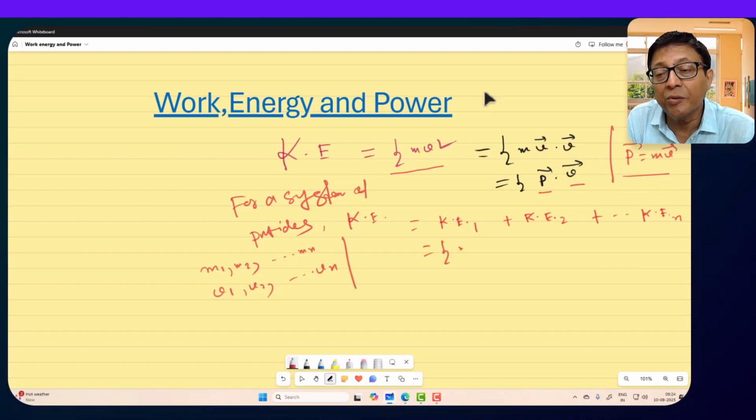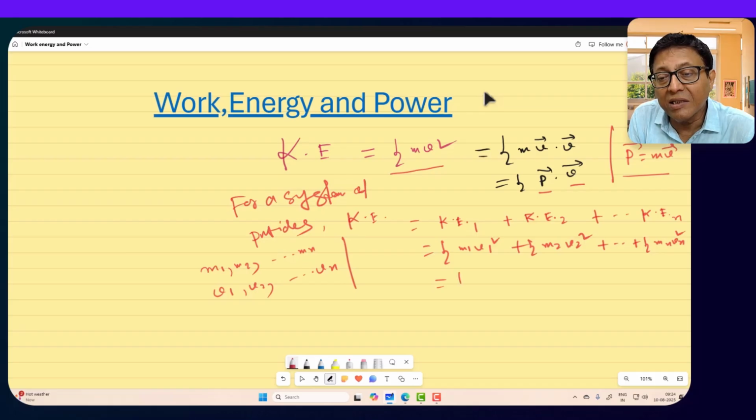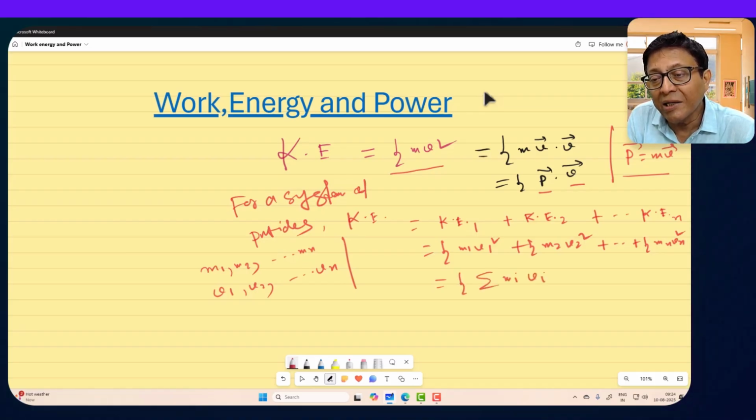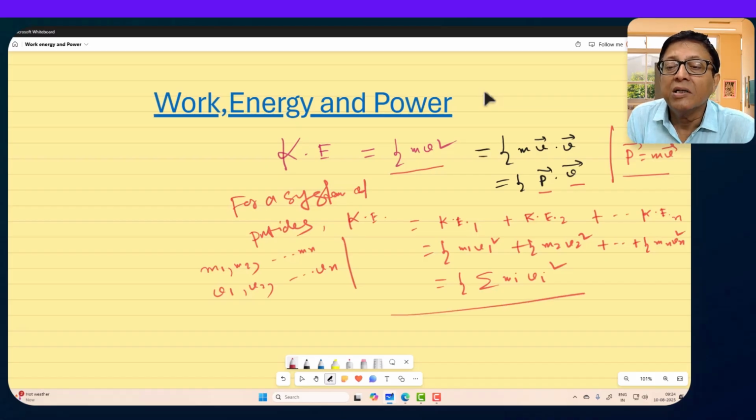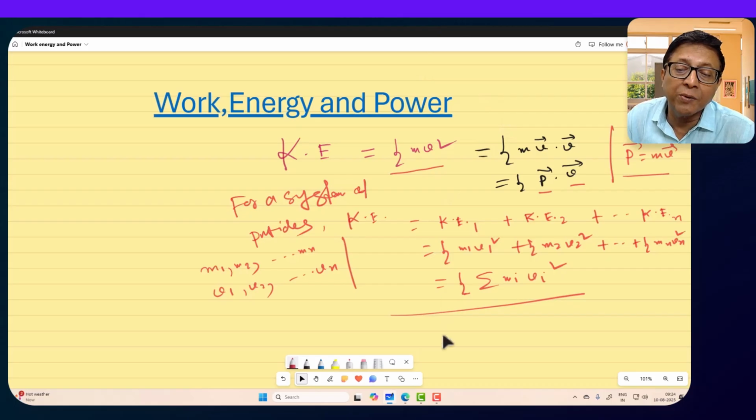Then this is going to be half m1 v1 square, half m2 v2 square, plus half mn vn square. We can write this as half sigma mi vi square. This is the total kinetic energy for a system of particles.